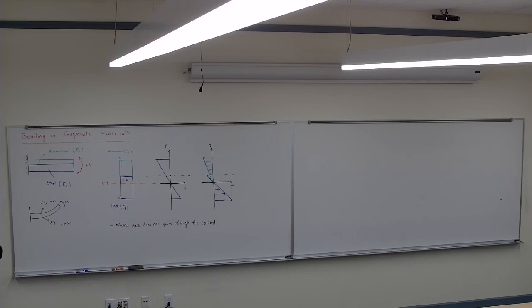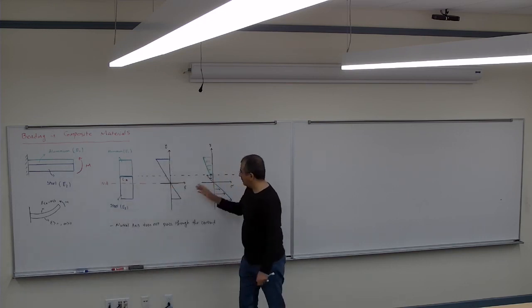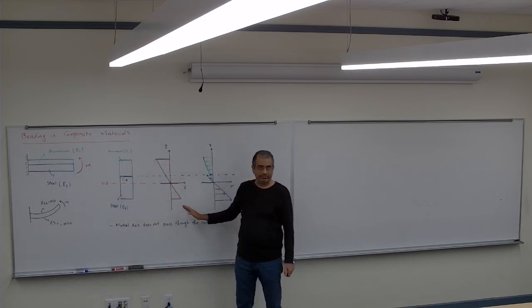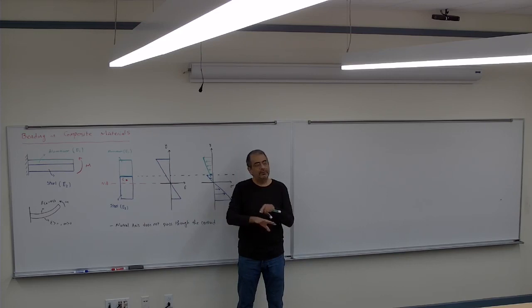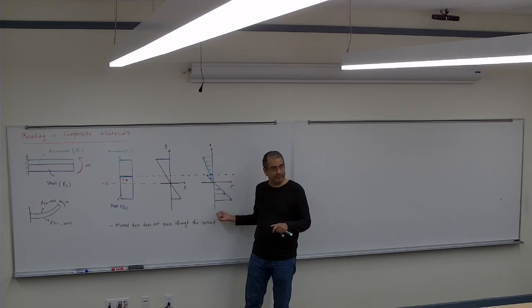The second part is that the strain still changes linearly. There's a break in the stress, but there's no break in the strain. The strain would behave the same as it was before. So the only thing that's going to change is the stress.